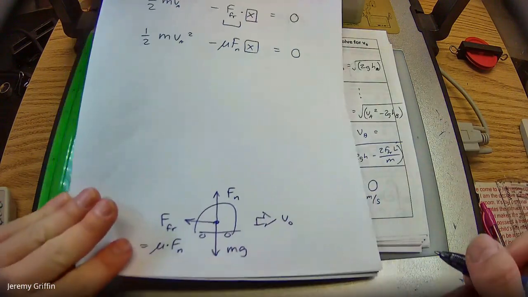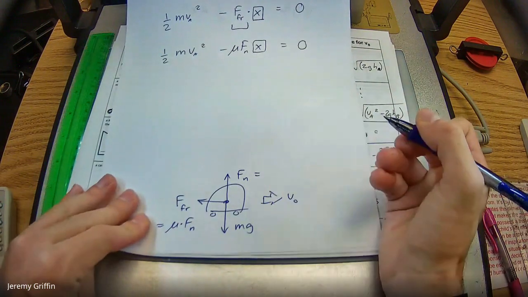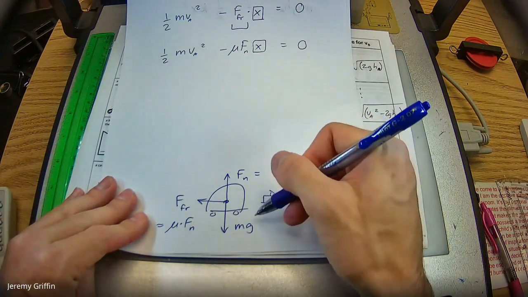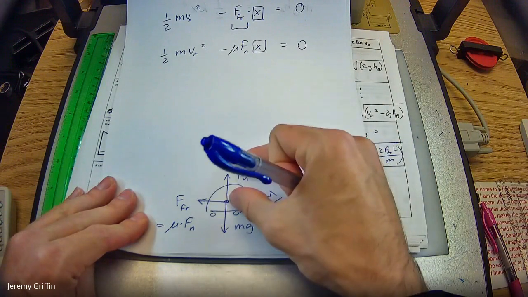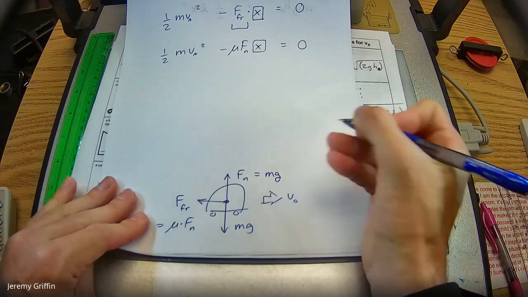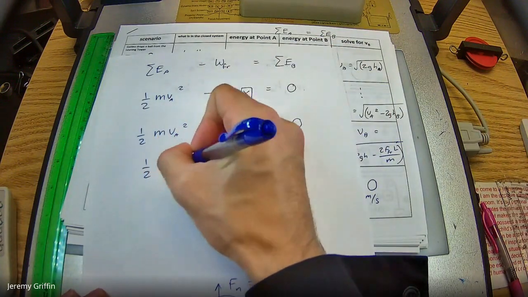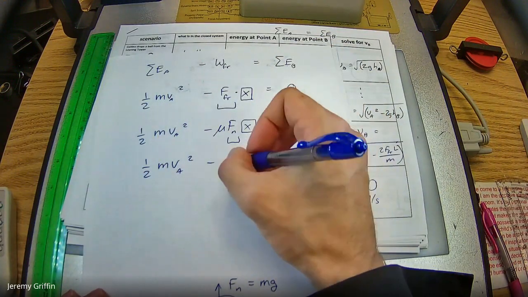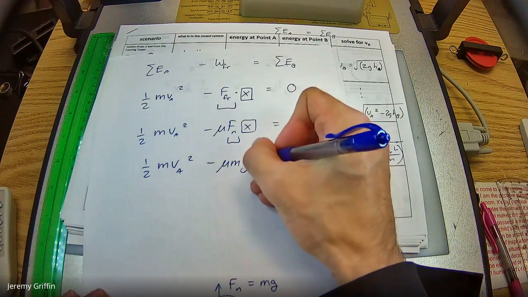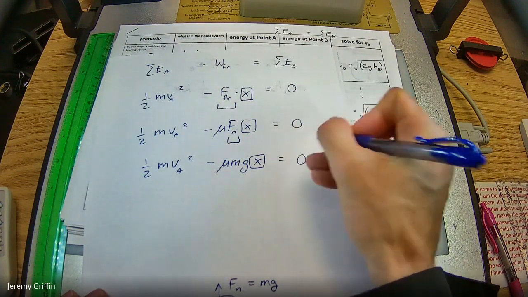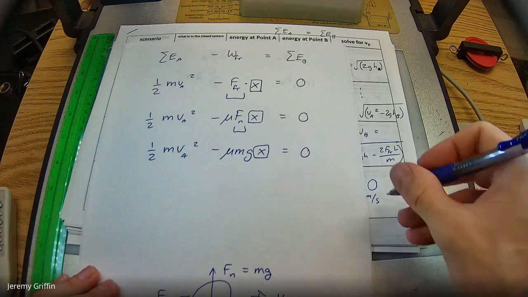Okay. But then one more thing. What is the normal force also equivalent to? Oh, it's just balancing the weight, isn't it? So I can sub that in right there. 1/2 m v_a squared minus mu m g x goes to 0. Okay.